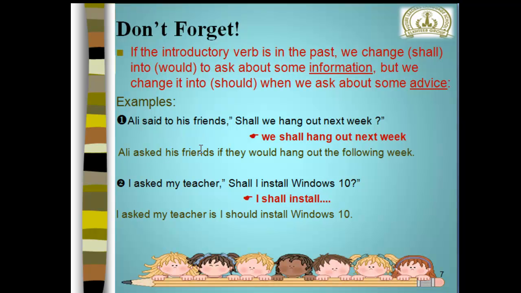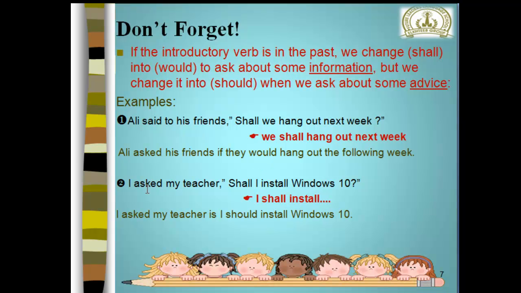Ali asked his friends if they would hang out the following week. We change shall into would to keep the meaning the same. It's incorrect to say Ali asked his friends if they should hang out. No, it's so different. You have to keep the meaning. This is to ask about information, so we change shall into would.